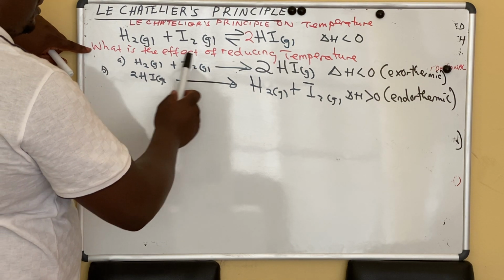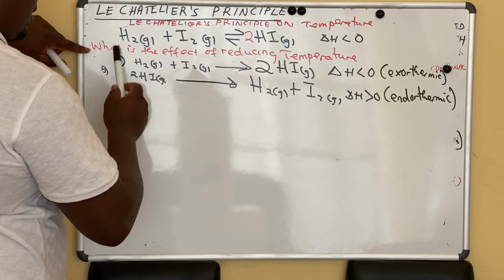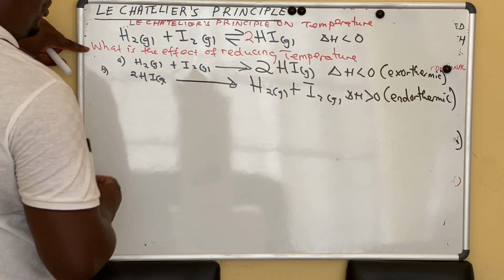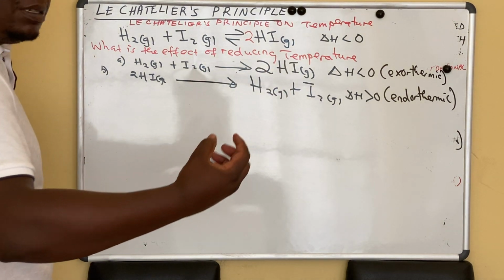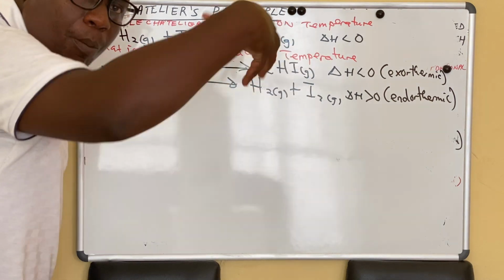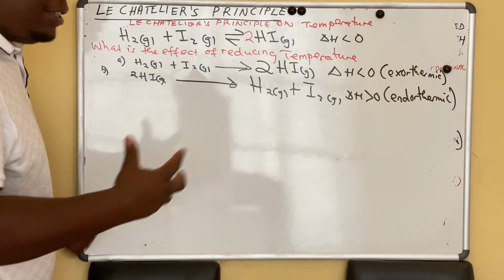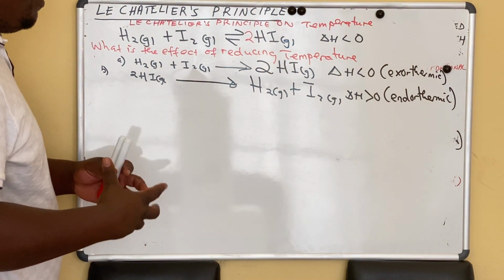So now, when we reduce the temperature of this reaction, what is the system going to do? According to Le Chatelier's principle, the system must oppose. Okay? The system must oppose. The system opposes how?